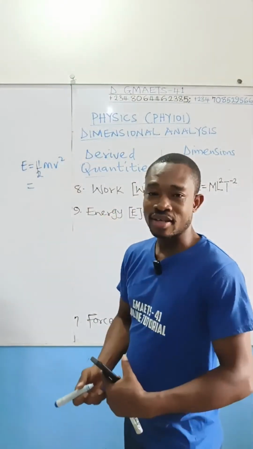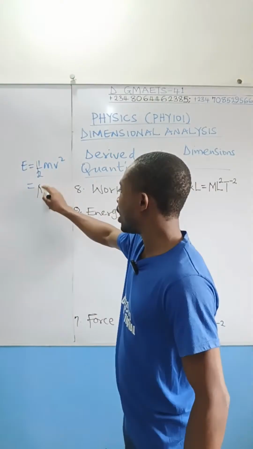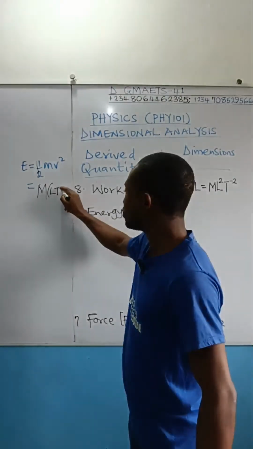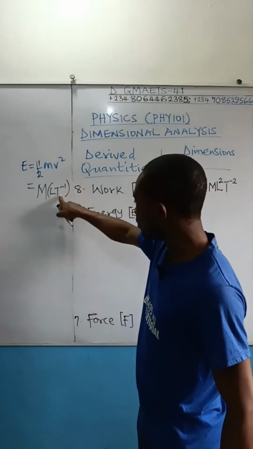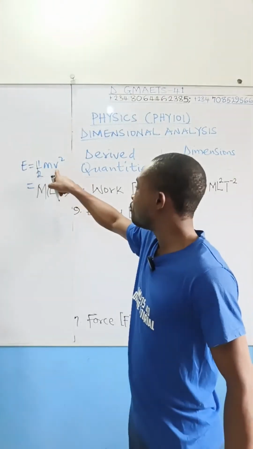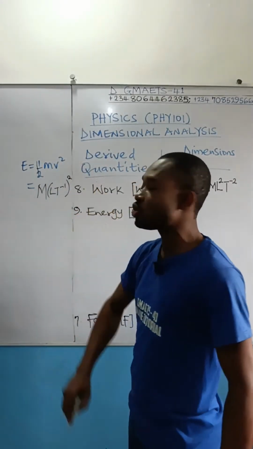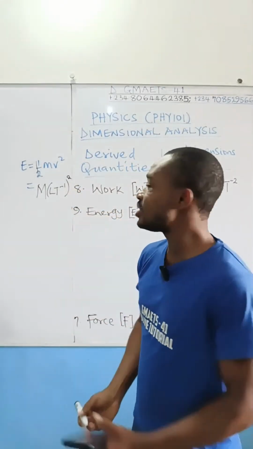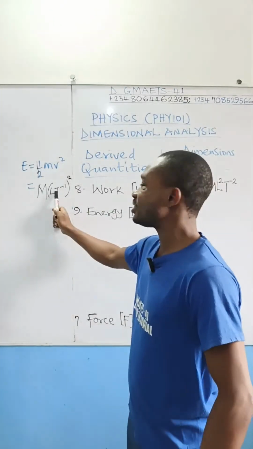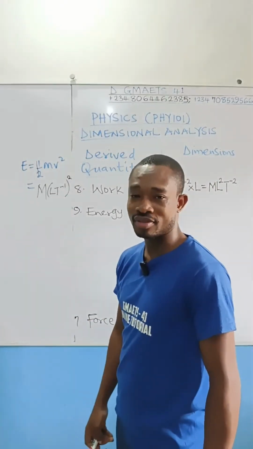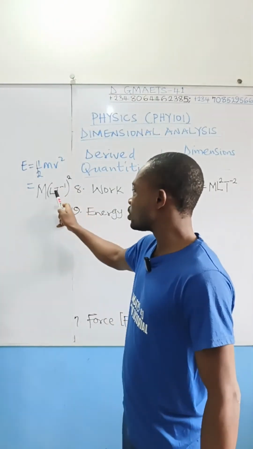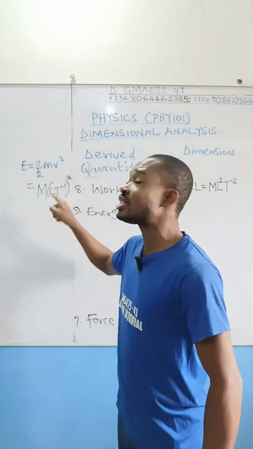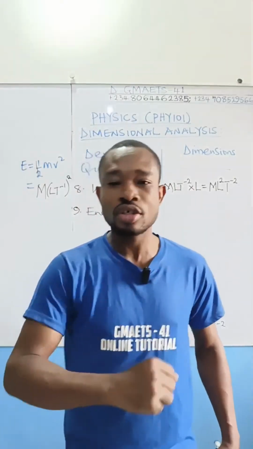What is the dimension of mass? The dimension of mass is capital M. What is the dimension of velocity? The dimension of velocity is L T to the power of -1. Velocity is squared in this formula, so you square that dimension also. Apply the power law of indices: power can distribute over multiplication and division.